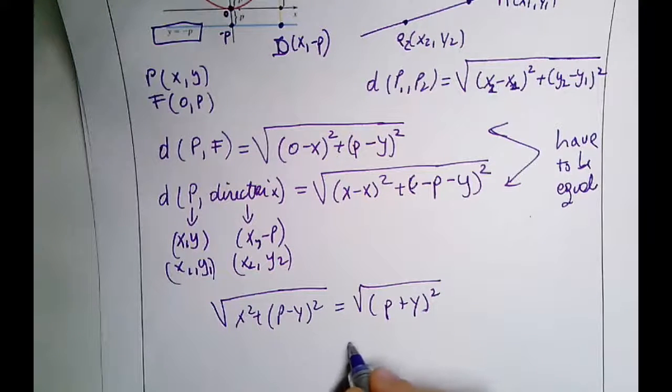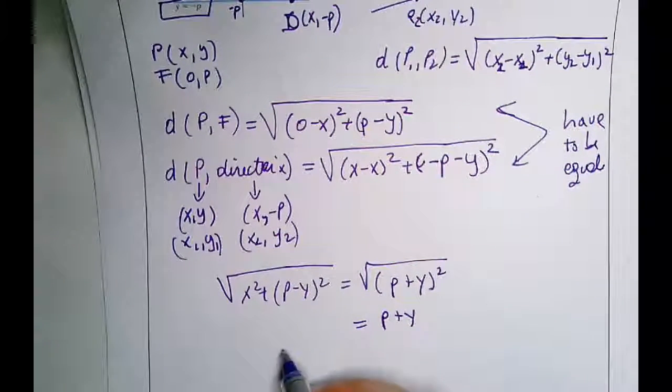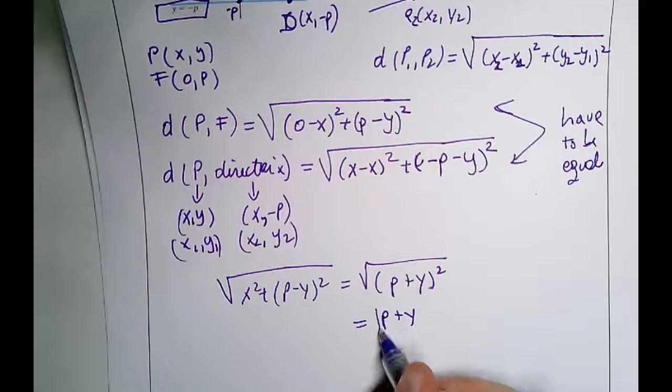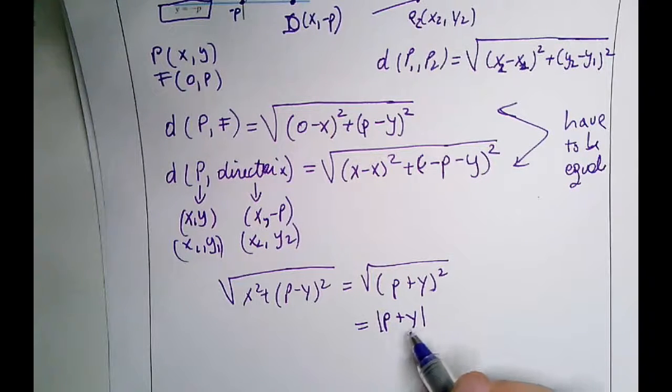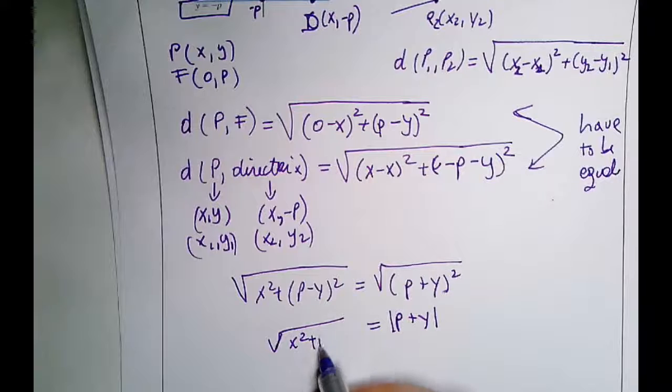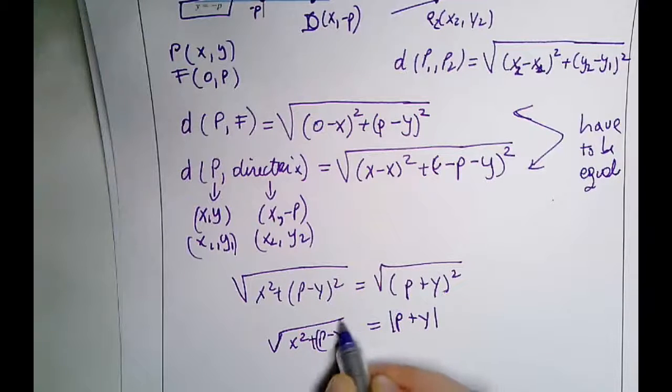Furthermore, the square root of this quantity squared is p plus y, but it's actually the absolute value of p plus y. On the other side I have the square root of x squared plus (p minus y) squared.